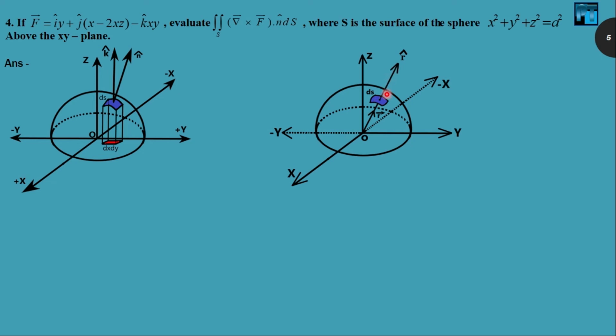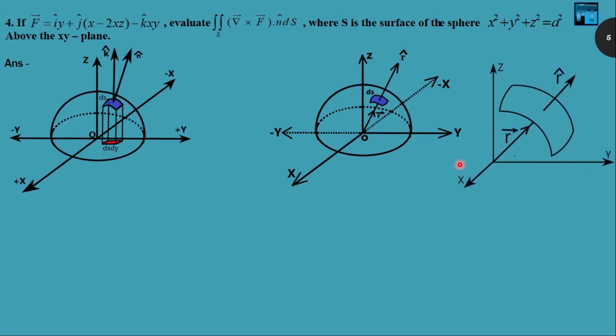Now, a surface always has 2 directions. Like this is the bigger part, and it has 2 directions, along this one and towards the center. But if nothing is given about which direction to take, we always deal with the positive direction. And the positive direction is the outward direction, that is along the r cap.